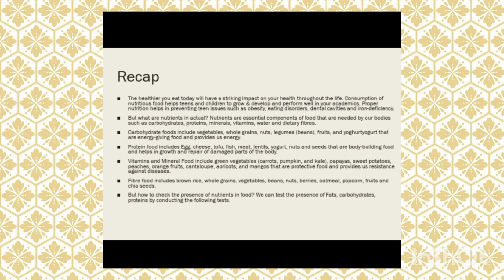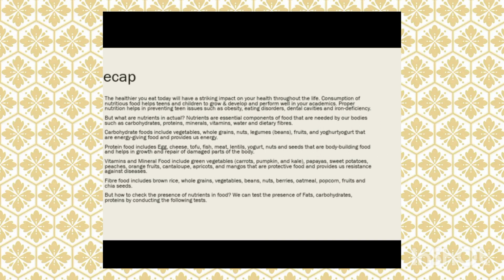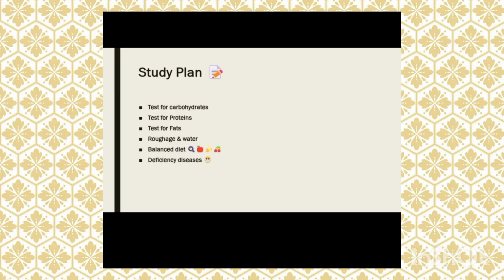The fiber rich food includes brown rice, whole grains, vegetables, beans, nuts, berries, oatmeal, popcorn, fruits, and chia seeds. But how to check the presence of nutrients in the body? We can test the presence of fats, carbs, and proteins by conducting some tests. And that's the topic for today.